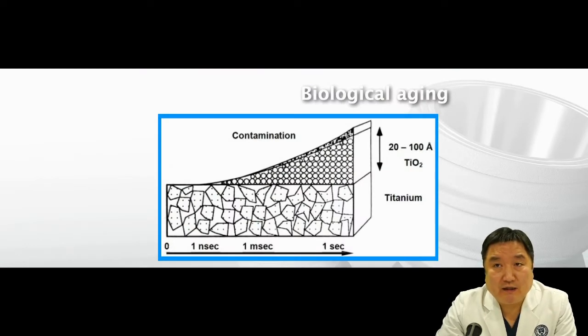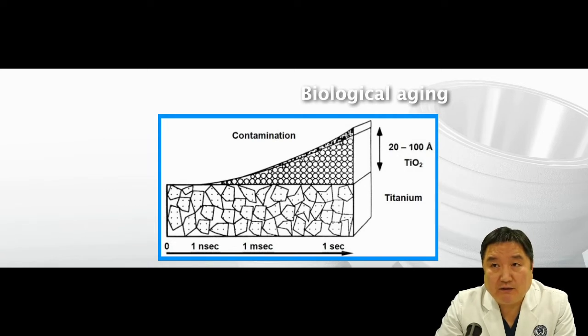I'd like to explain one very important phenomenon, a characteristic of the titanium implant. After titanium is milled for manufacture, it will become covered by an oxide layer very shortly, within nanoseconds. This oxide layer is the one that binds with the cell proteins and extracellular matrix to achieve successful osseointegration.